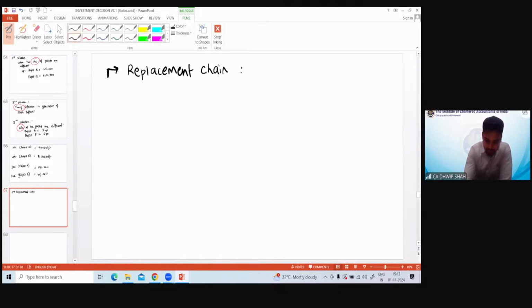One is the replacement chain method. This technique is used when the lives of the two projects are unequal and we want to bring the life at parity so that we can ultimately decide which project to select.